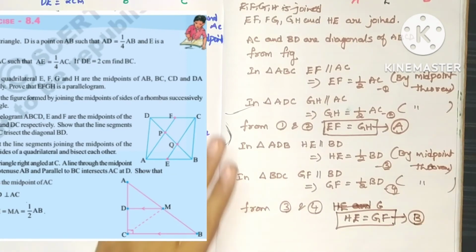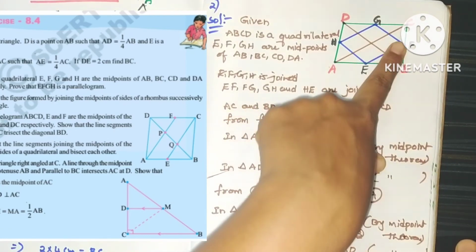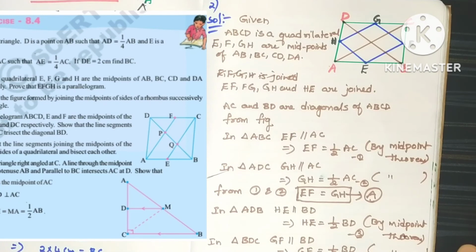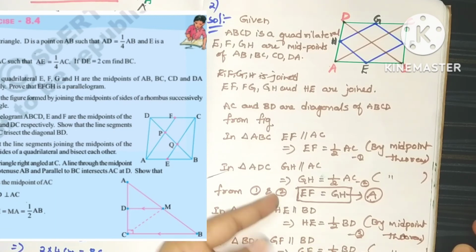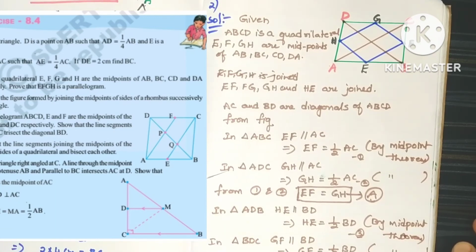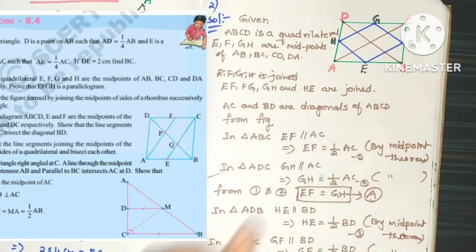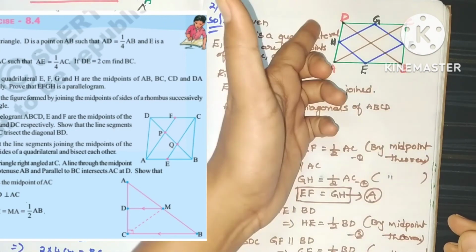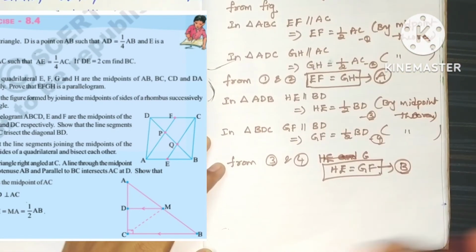So now coming to the figure, observe HE is parallel to GF. We already mentioned HE is parallel to BD and GF is parallel to BD, which means HE is parallel to GF only. So HE is parallel to GF and HE equals GF. That means opposite sides are equal and parallel. So that is a parallelogram.